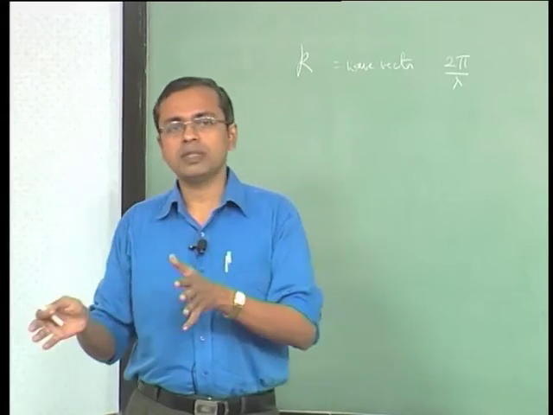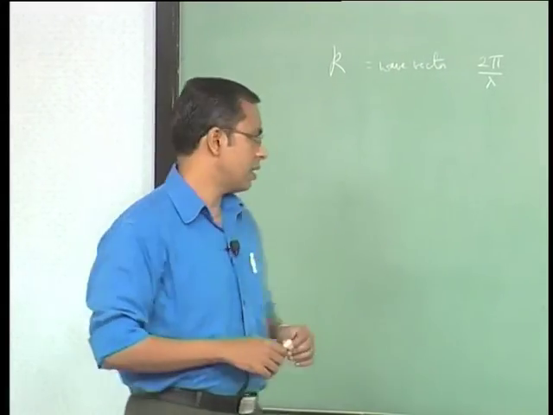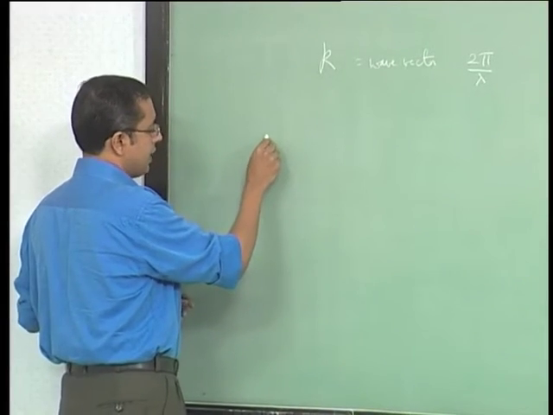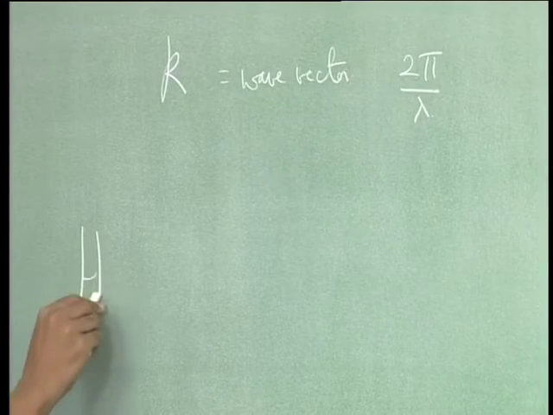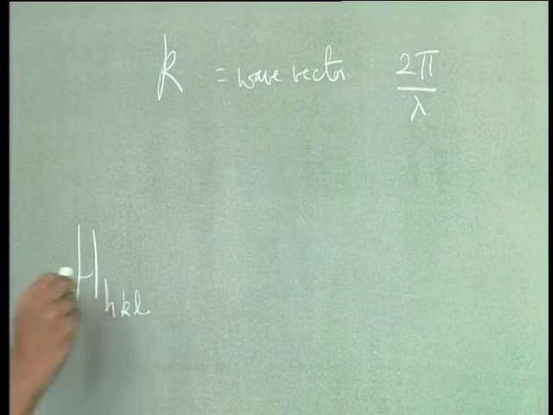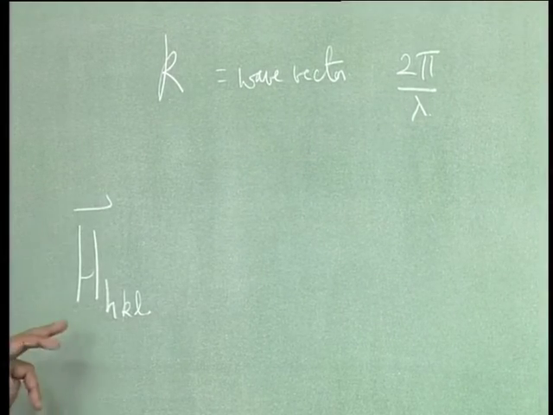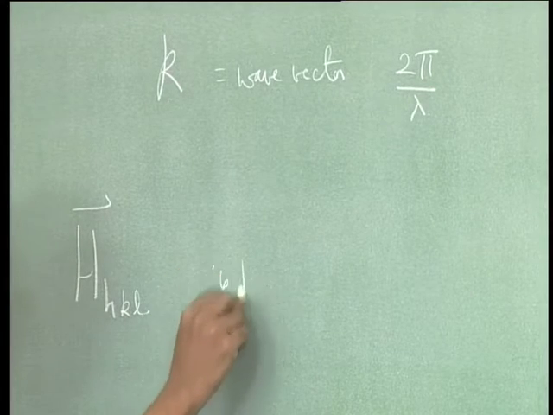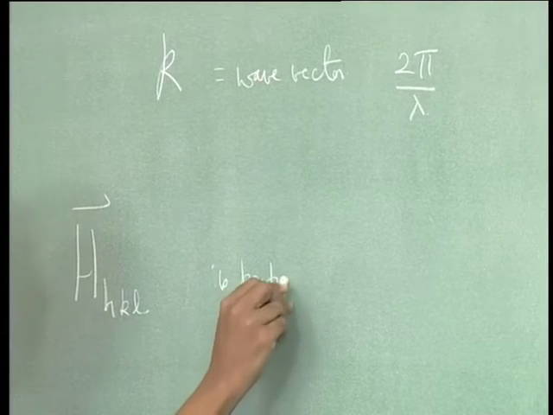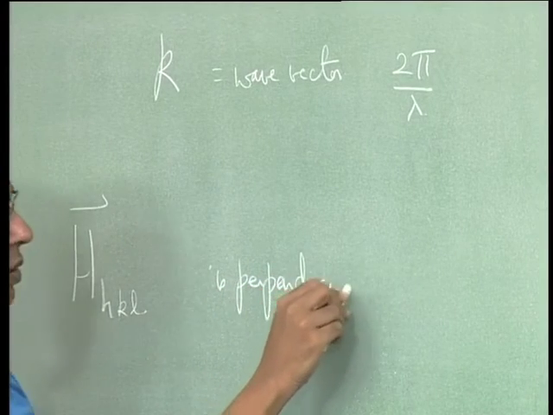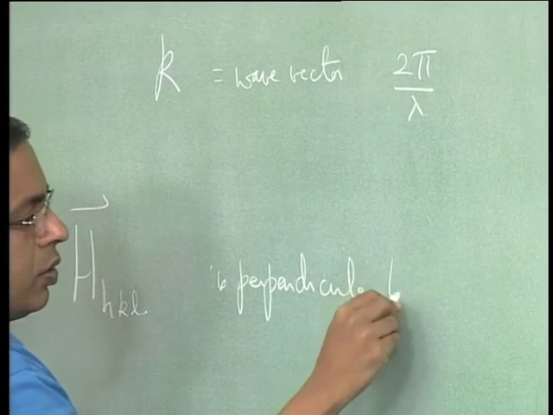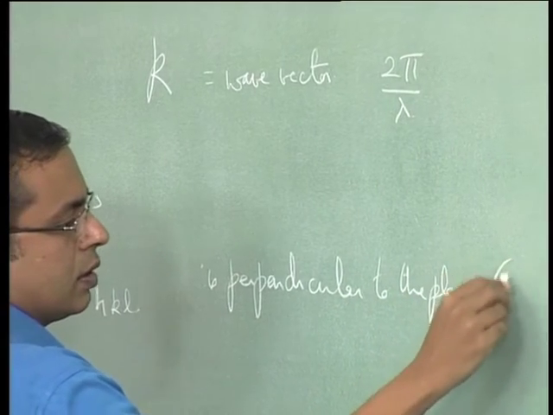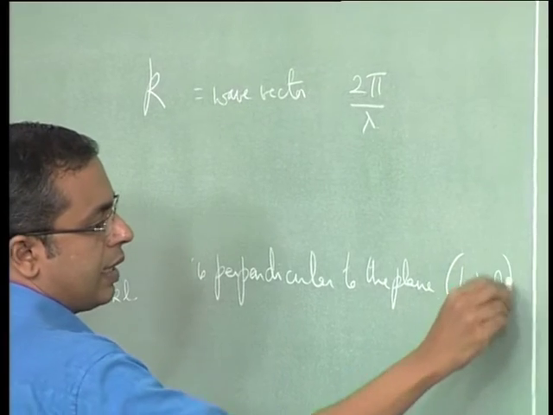On the basis of those definitions, we already found that in the reciprocal lattice the vectors are standardly designated using HKL, and the vector H_HKL we found is perpendicular to the HKL plane.